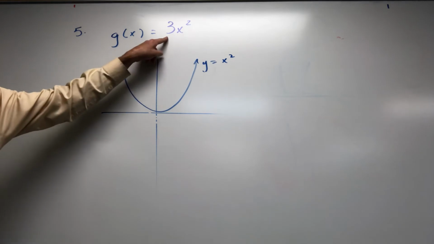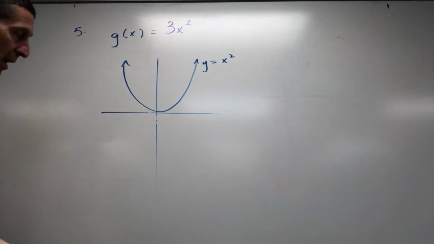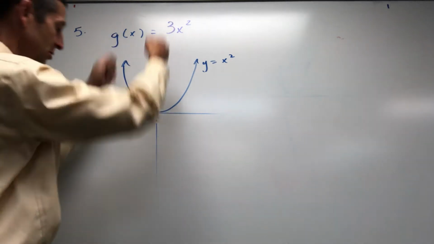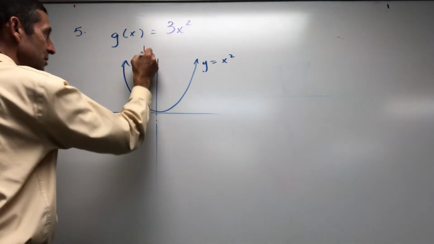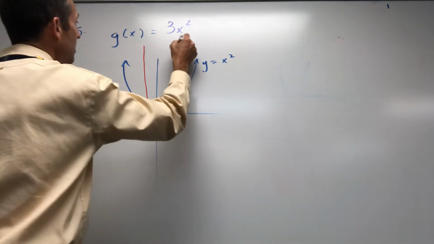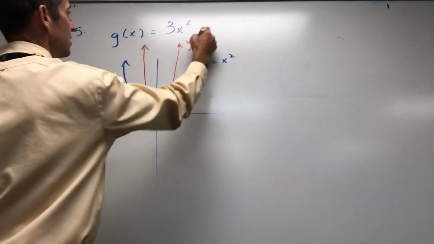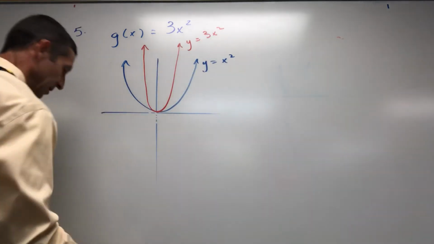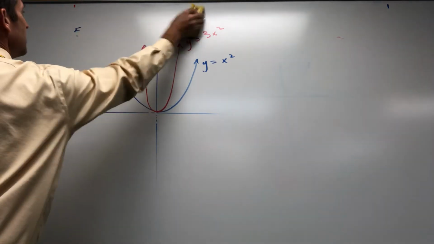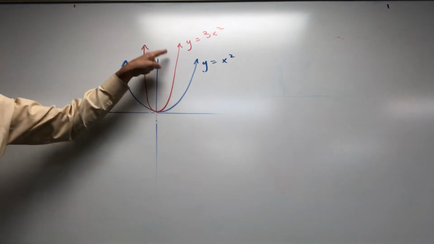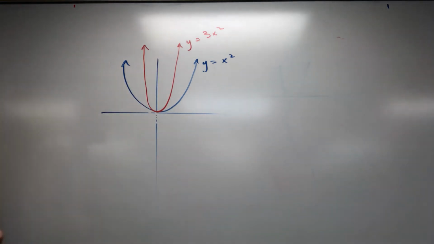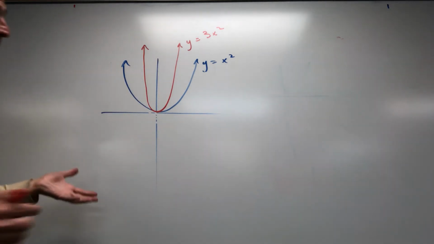There's a 3 sitting in front of this, which means it's going to stretch. So it really stretches my graph up. So when I go to graph the y equals 3x squared, it's going to look like this. So there is my parent function. Here's my new function. Now I just got to describe what just happened.